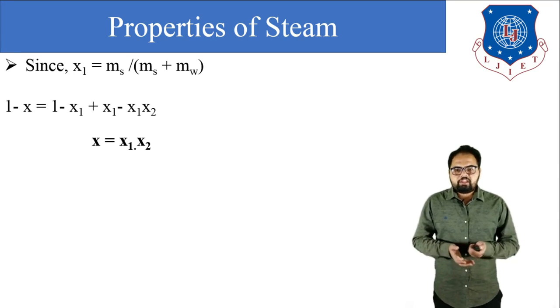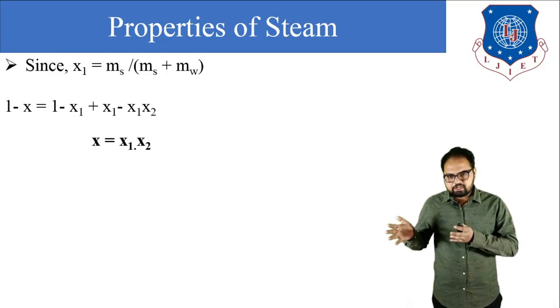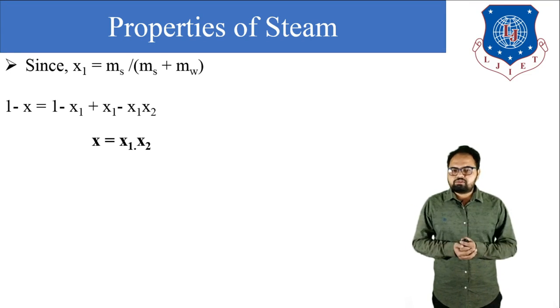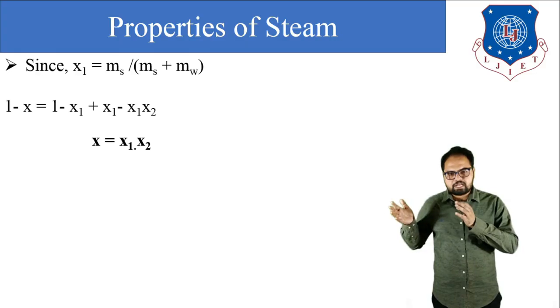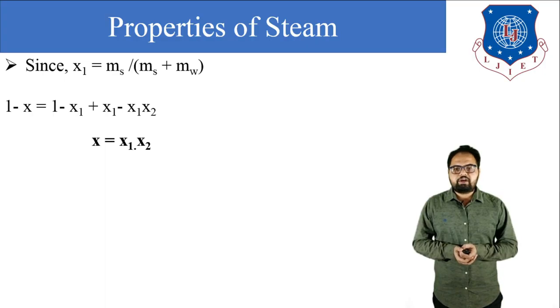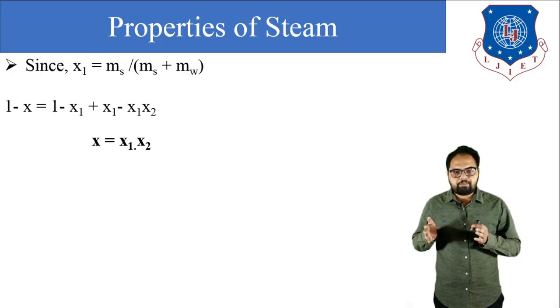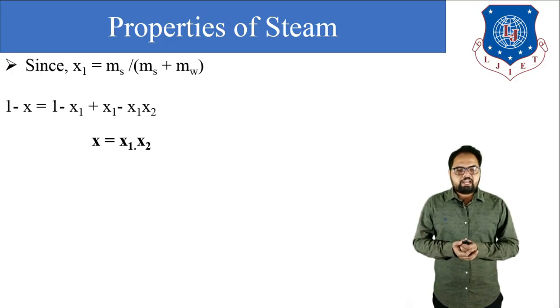So dear students, today in this video session, we have discussed the separating calorimeter as well as the combined separating and throttling calorimeter. In the separating calorimeter, we separate the dry steam and the water, calculate the mass of the dry steam and the mass of the water, and put them in the simple equation x1 equals Ms divided by (Ms plus Mw). In the combined separating and throttling calorimeter, first we calculate the dryness fraction from the separating calorimeter, x1 equals Ms divided by (Ms plus Mw).